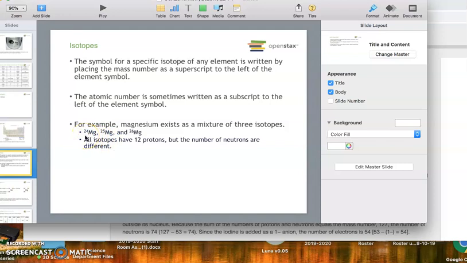Sometimes you will see at the bottom, using isotope notation, as a subscript, an atomic number. But it becomes redundant because it's the same thing for all 3 isotopes. And so sometimes you're not going to see that. All you have to do if that information is not given to you is just look on the periodic table for the atomic number of magnesium.